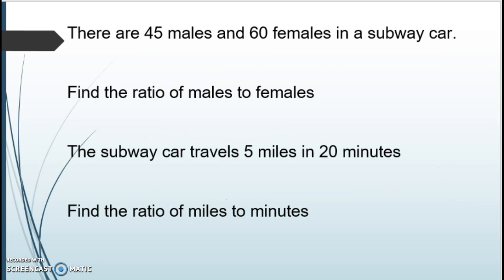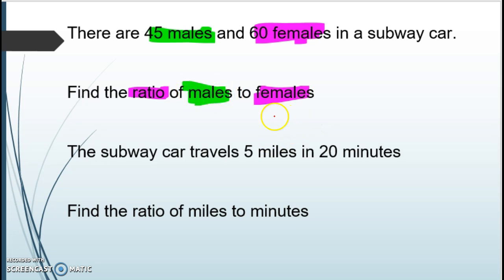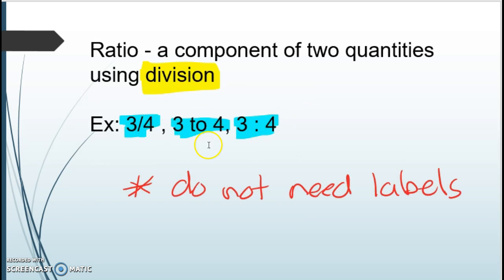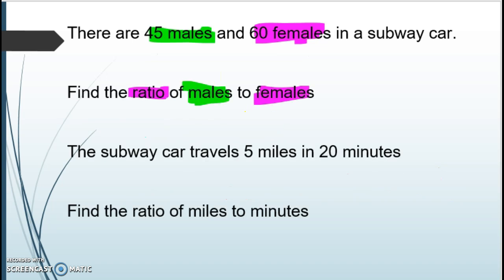Okay, so our first problem here says that there are 45 males and 60 females in a subway car. 45 males, 60 females, and we need to find the ratio of males to the females. So we have 45 to 60. If I go back to this slide here, look at where I have these two little colons. The colons, that's how we know that we're writing a ratio.